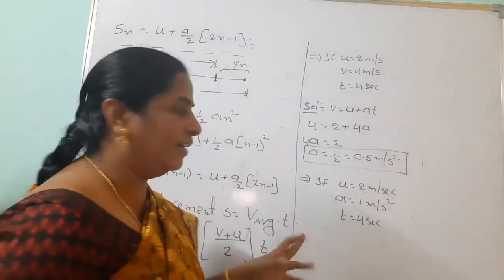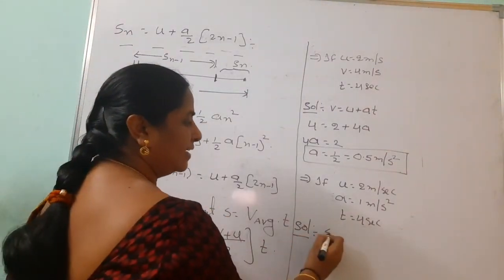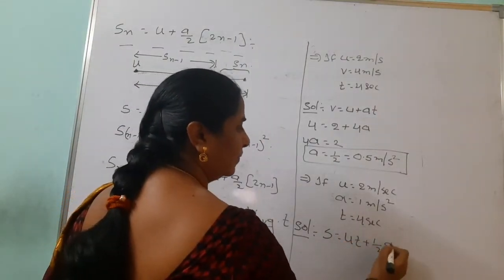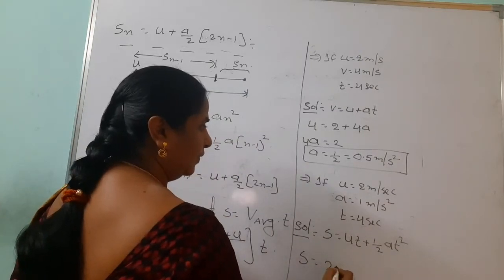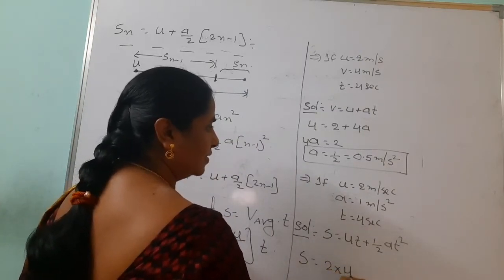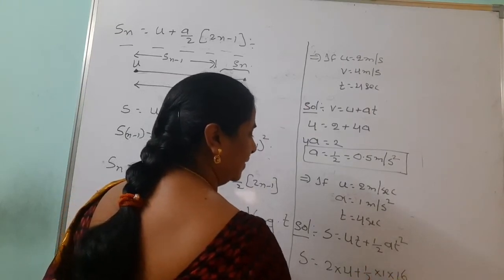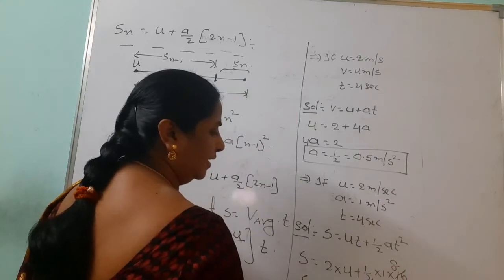Which equation of motion is suitable? We can go through s equals ut plus half at square. S equals u which is 2 into time 4 seconds, plus half into a into t square which is 16. After simplification you get s equals 16 meters.